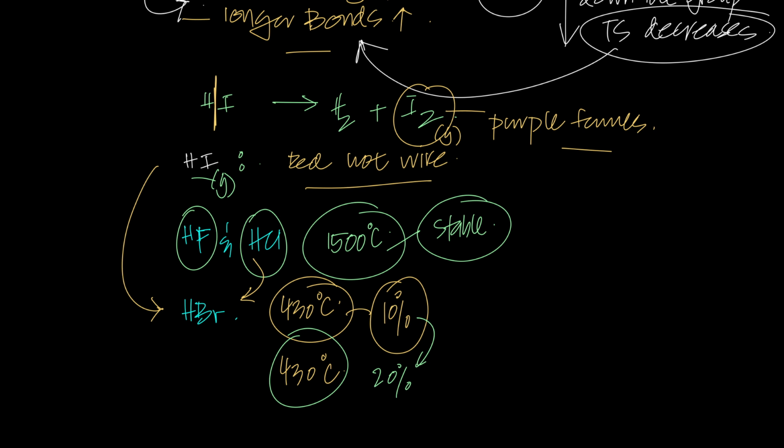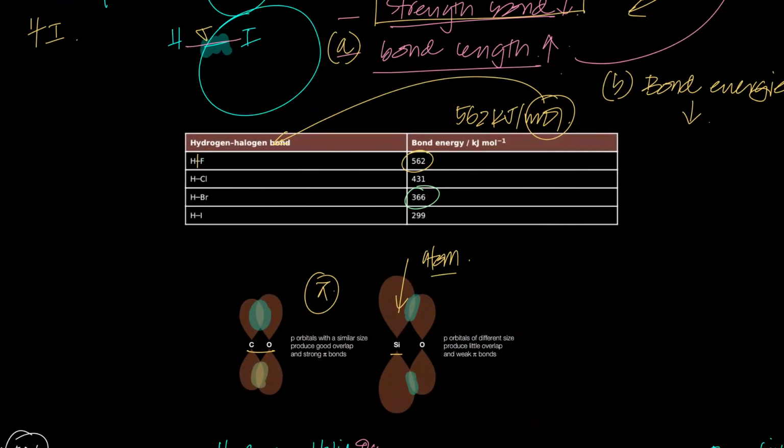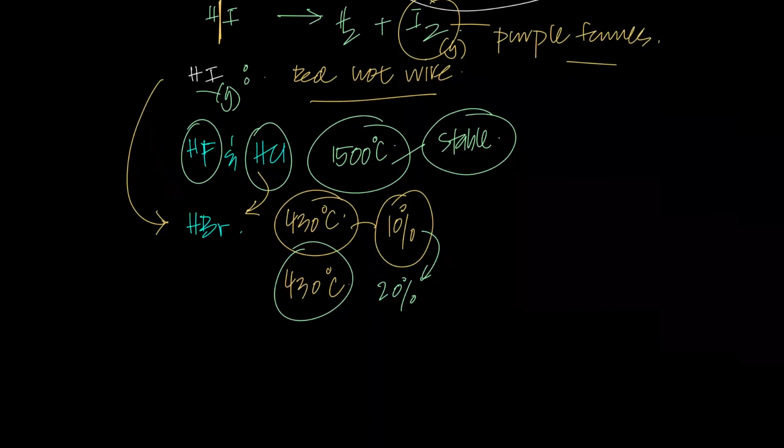But it's not exactly twice as strong, because you see this right here: the HBr bond breaks at 366, this breaks at about 300. So not twice, but stronger. But for the same temperature, about 20% of HI would decompose compared to HBr. So that's the idea, and I hope it made sense to you guys.